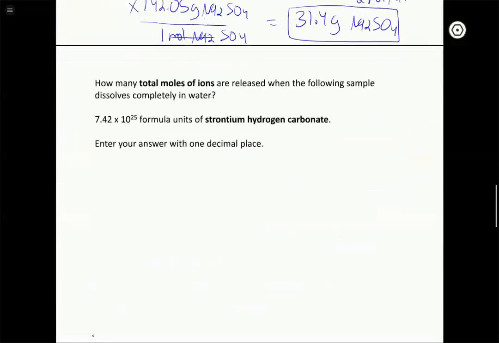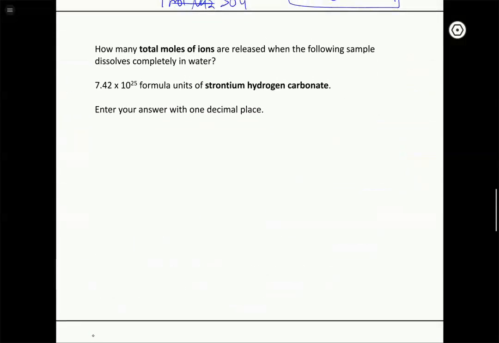This next question is very similar in concept. We want to know how many total moles of ions are released when the following sample dissolves completely in water. Strontium hydrogen carbonate, we have 7.42 times 10 to the 25th formula units.